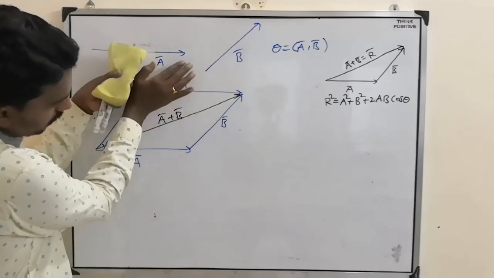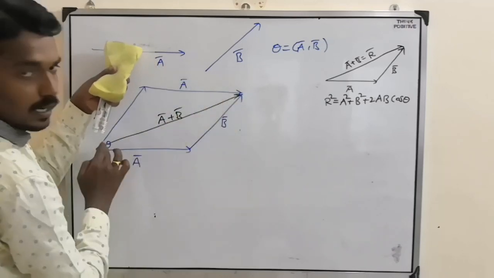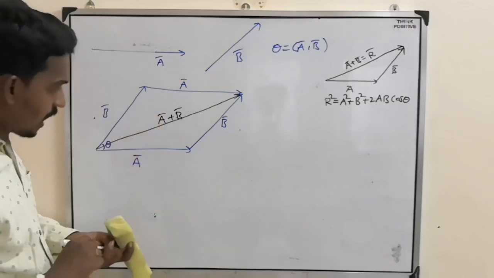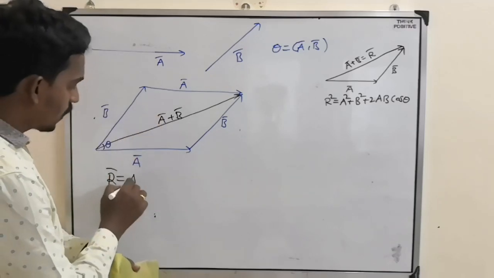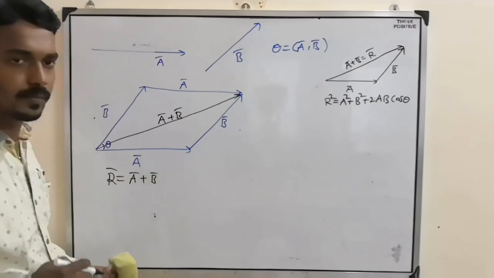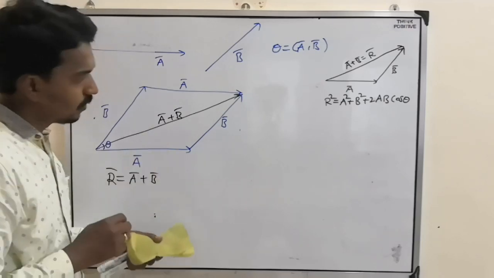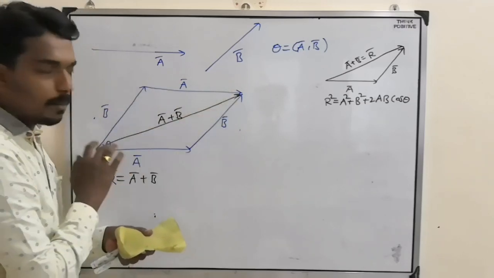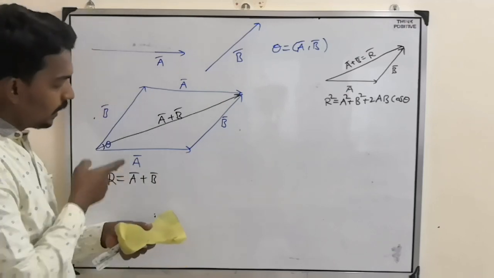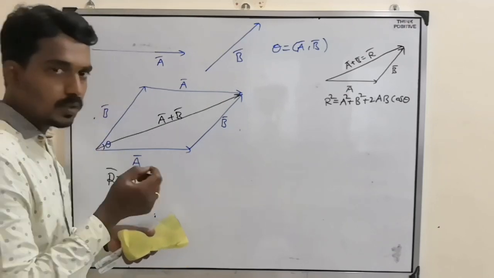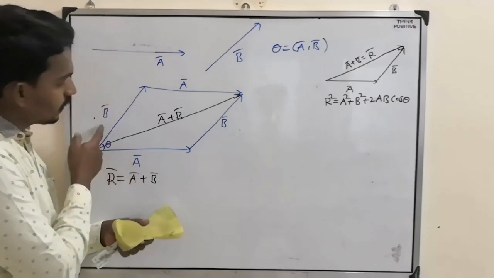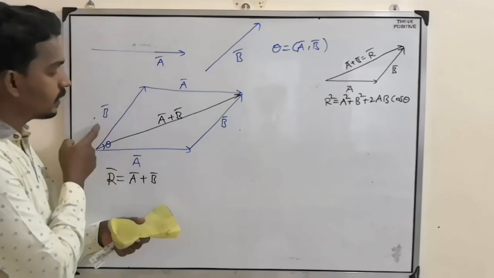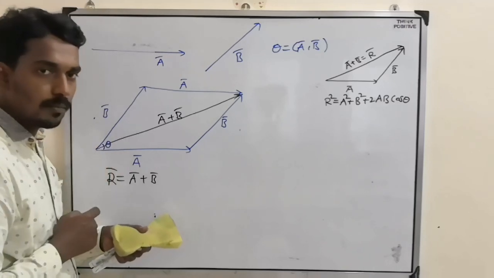See, if you don't consider these two, it looks like a triangle and it is called the triangular law of vector addition, where r bar equals a bar plus b bar. But if you take these two vectors, now it looks like a parallelogram, where a bar and b bar are drawn as adjacent sides of a parallelogram.